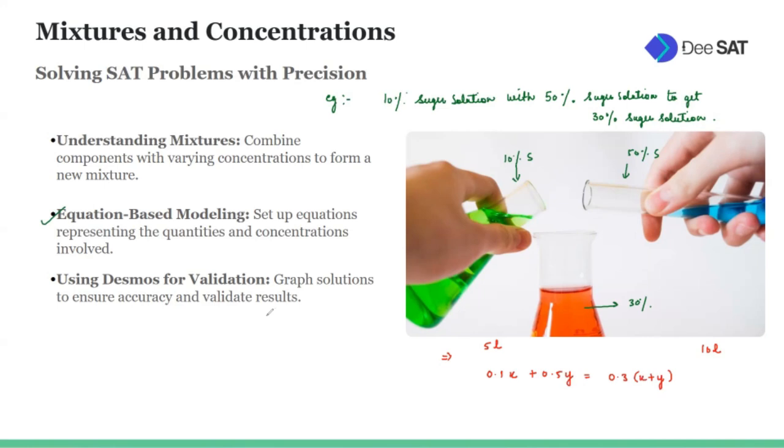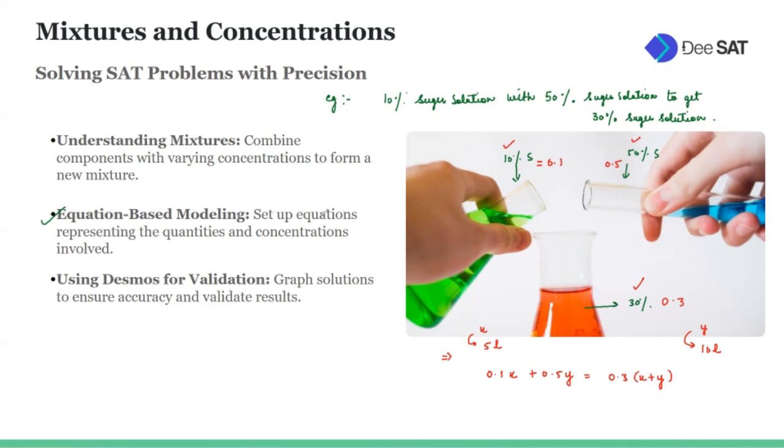Here x and y are the number of liters used, and 10%, 50%, and 30% can be written as 0.1, 0.5, and 0.3, where x is 5 liters and y is 10 liters in this equation.